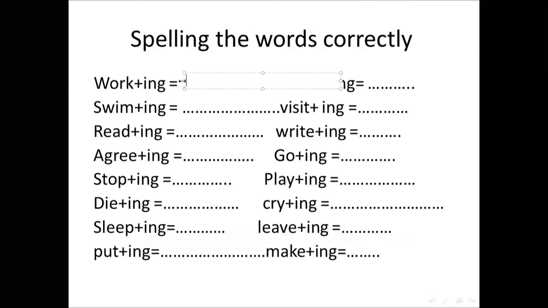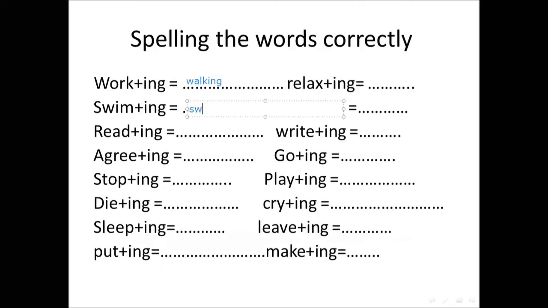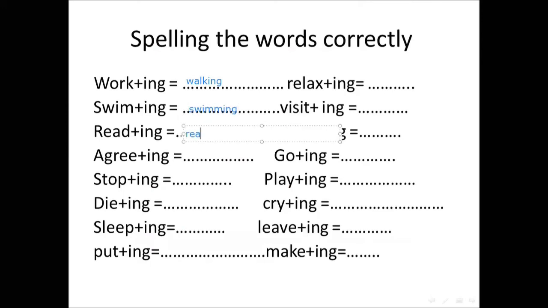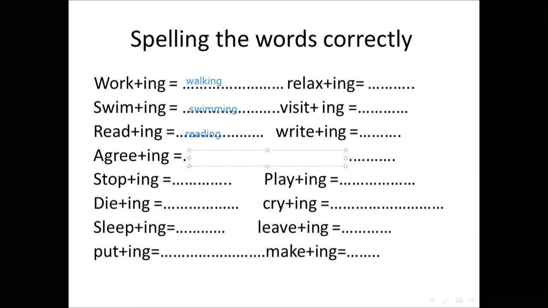Here, walking, swimming, double M, reading without double anything, agreeing. في هون قاعدة للأجري: if the verb ends with double E, keep E and add ing.